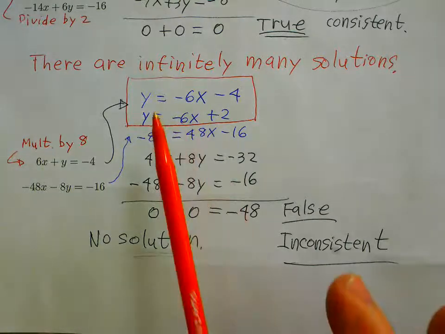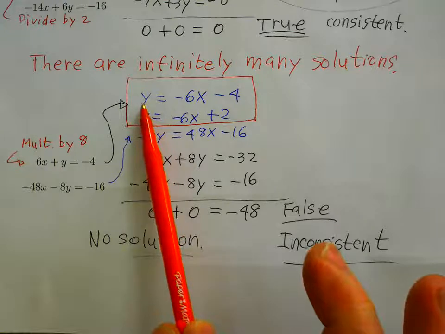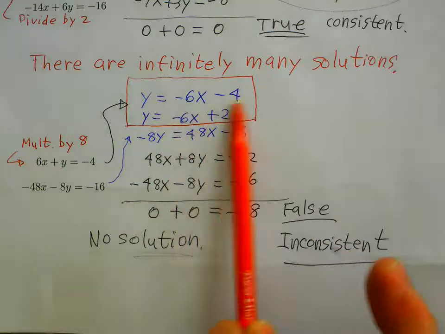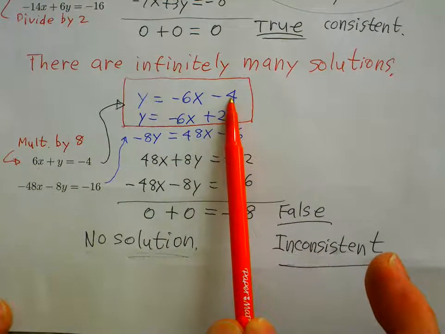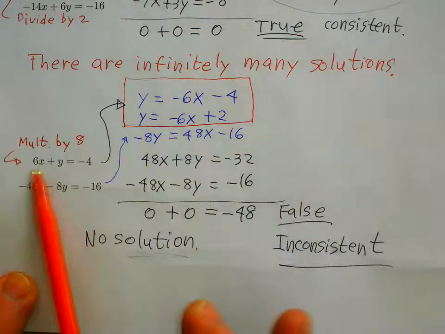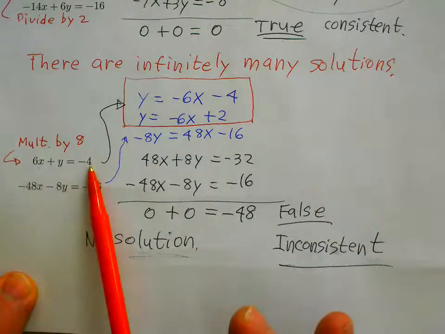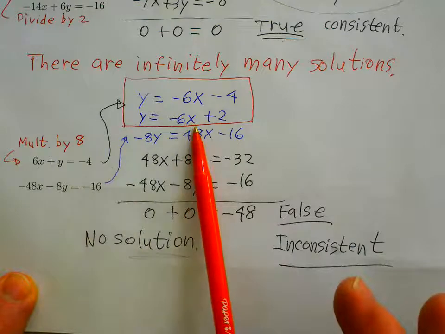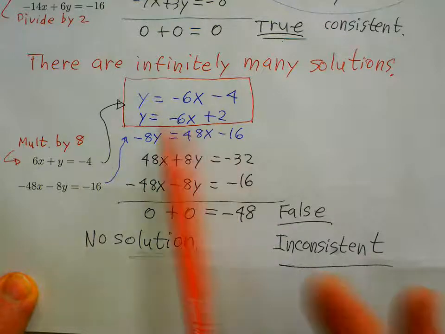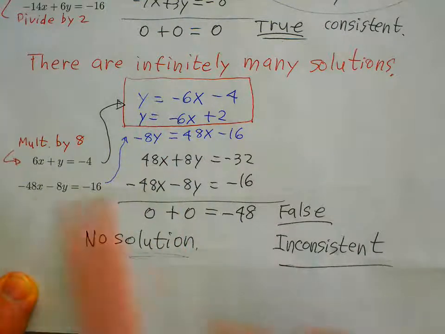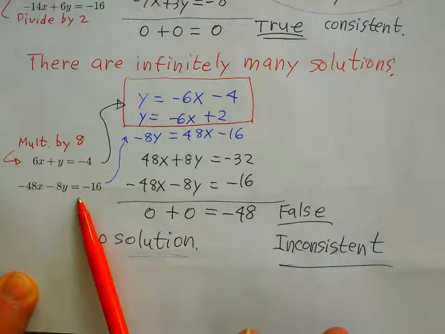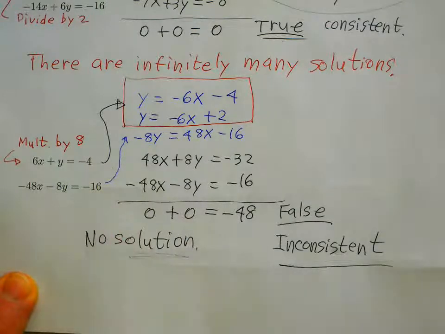Right? So make sure that you understand this equation, y equals negative 6x minus 4, is the exact same line as this one, 6x plus y equals negative 4. And the bottom equation, y equals negative 6x plus 2, is the exact same line as negative 48x minus 8y equals negative 16.